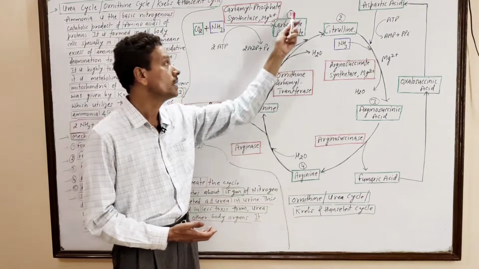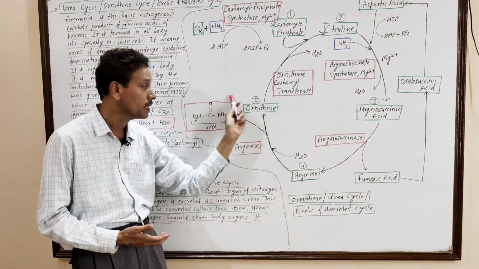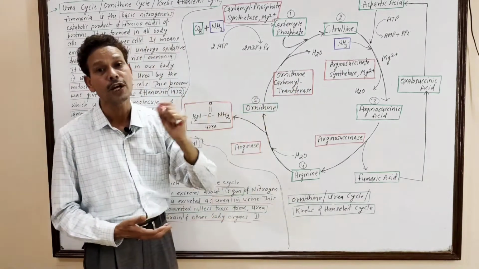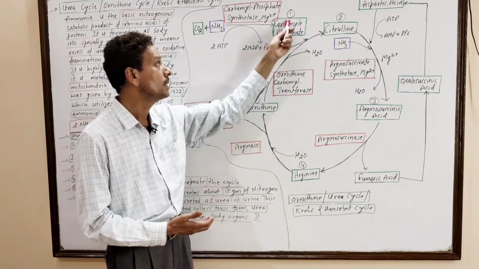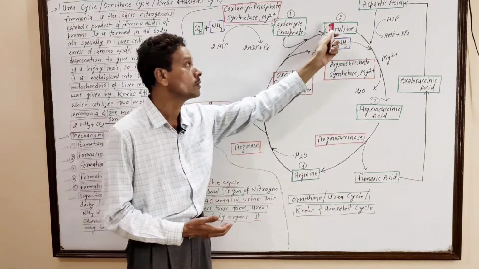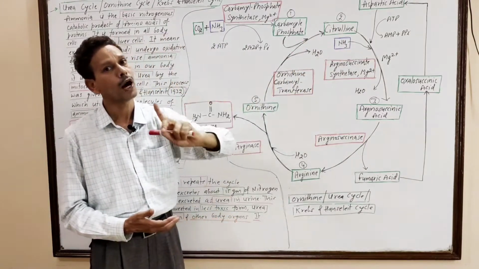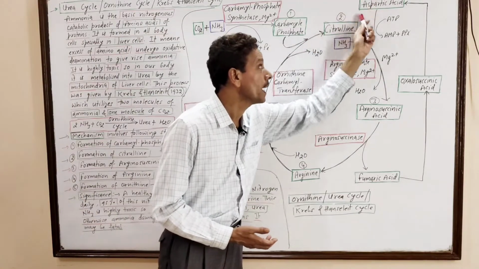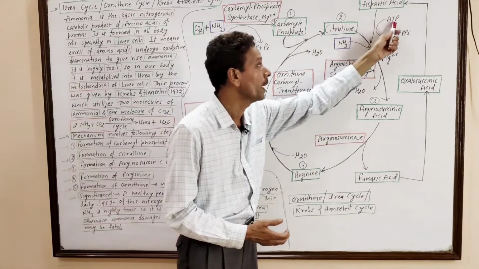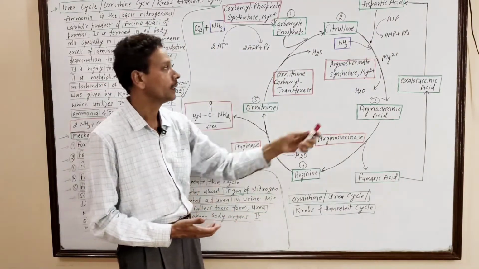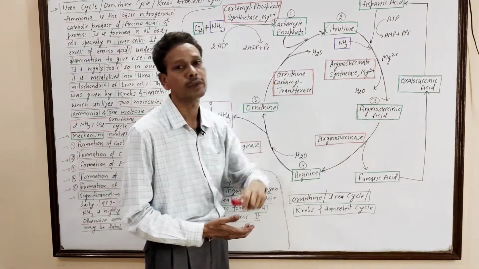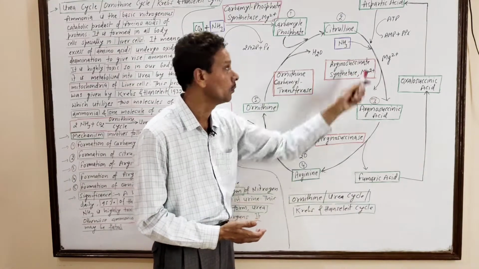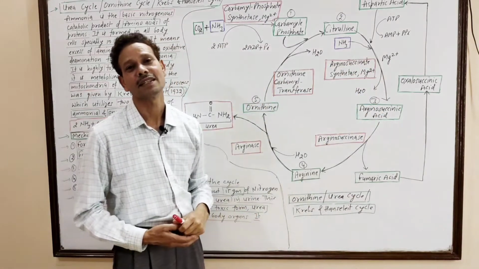In this step, carbamyl phosphate interacts with ornithine molecule in presence of ornithine carbamyl transferase enzyme, giving citrulline and one molecule of water. This citrulline interacts with aspartic acid in presence of ATP and one molecule of ammonia, and this step involves the enzyme arginosuccinate synthetase and the cofactor Mg positive 2 ion to give rise to arginosuccinic acid.